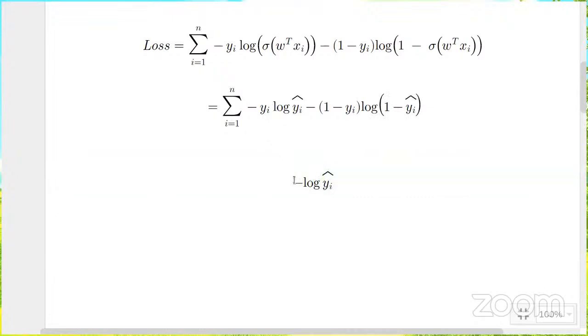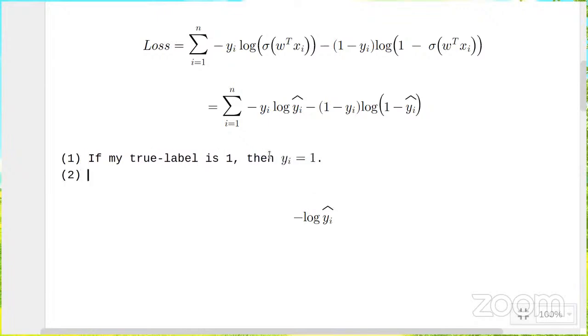Let's interpret this. If my true label is 1, then yi is 1. That's the first statement. Now, what is loss? I want to penalize my model if it predicts something other than 1.